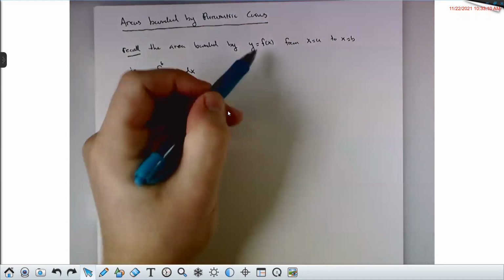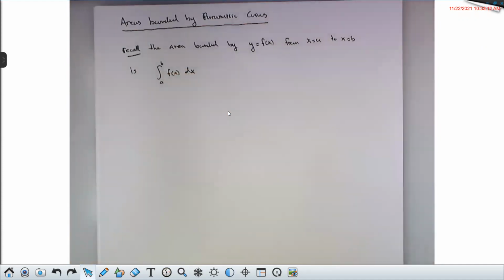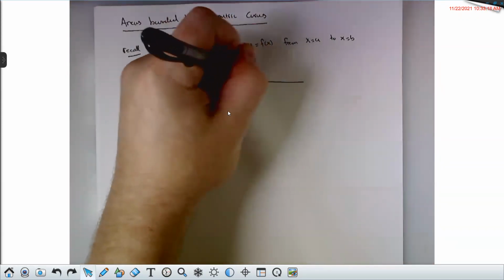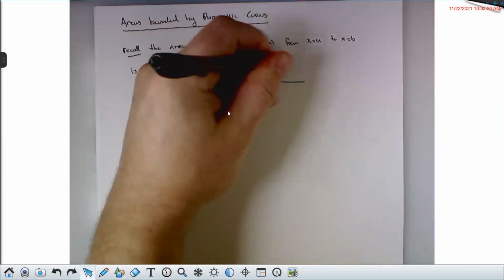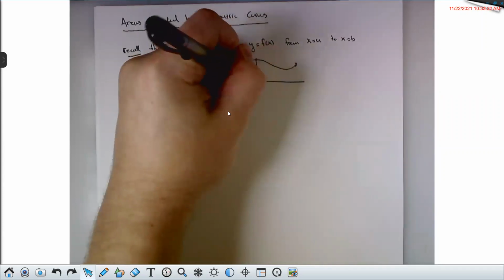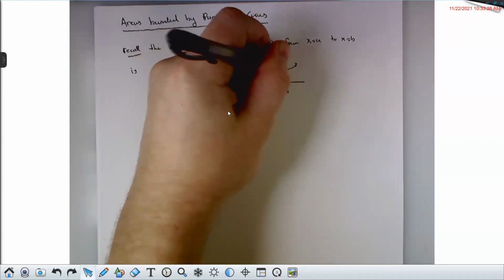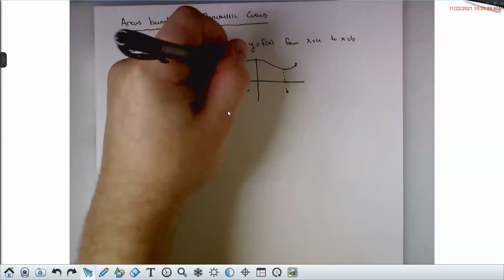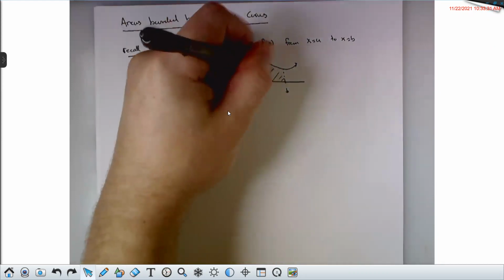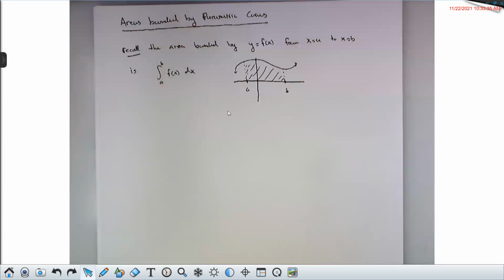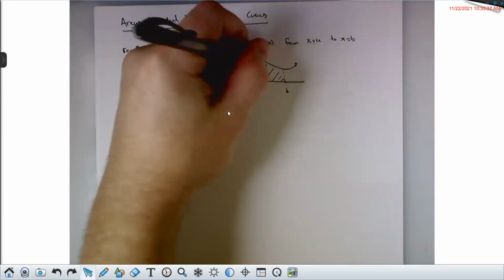There's a reason we always write y equals f of x when you're looking at a graph. It's because the y values on that curve are f of those x values. That's how the curve is defined, right? So if I'm looking for this area, you just integrate that function, right?